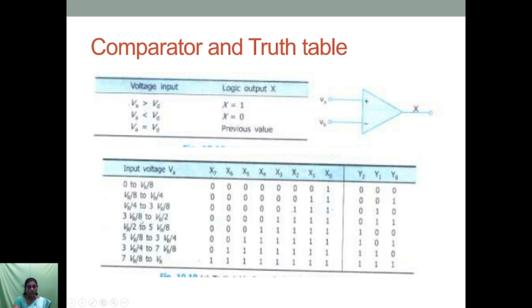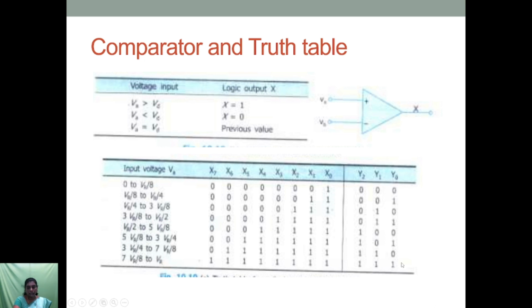Similarly, if the input analog voltage lies between 3 times VR divided by 8 to VR divided by 2, then x3 is also set as 1. So in this case, the output code will be 0, 1, 1. So this repeats up to the maximum voltage of VR.